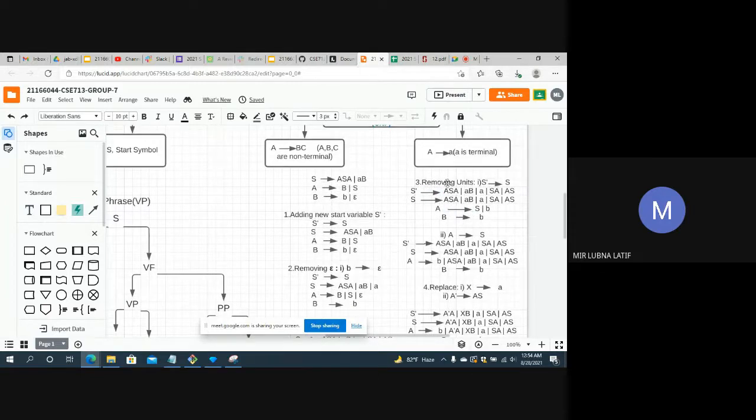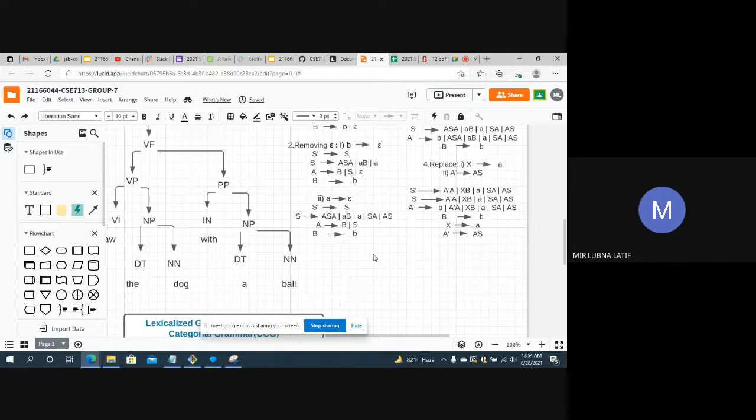The third part is removal of the unit productions. That means there should not be units that can be a combination of these types, that is three non-terminals or so.